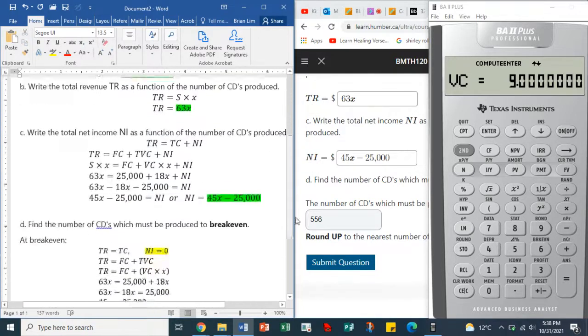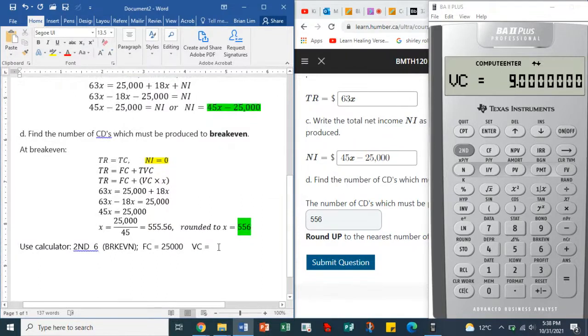All right, so we've got the numbers now. Variable cost is 18, and we put in 18 here, enter. Now P is the price, so that is the selling price. Just remember that P is equal to the selling price, which in this case is 63.